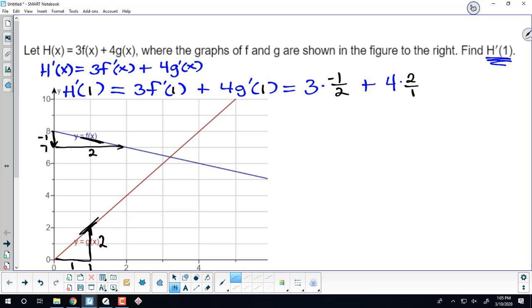So the numerical value, whatever we get there, that is h prime of 1. That's going to be 8, so we'll call that 16 over 2. So there's h prime of 1.